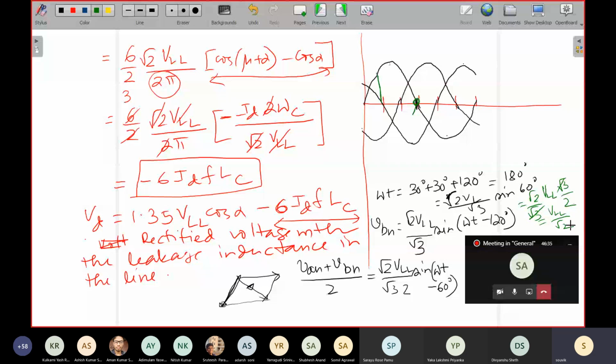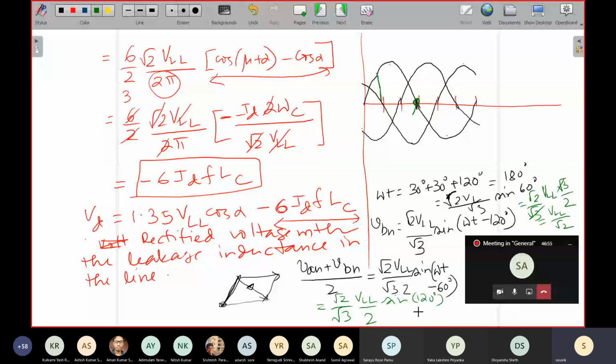Whereas in this case, what is the voltage? This voltage will be root 2 by root 3 VLL by 2 into sine of 180 minus 60, that is 120 degree.